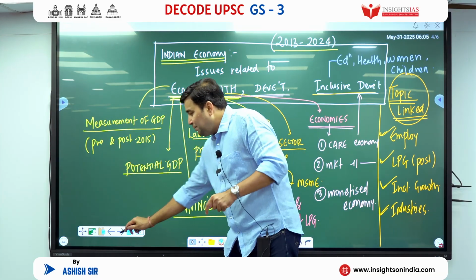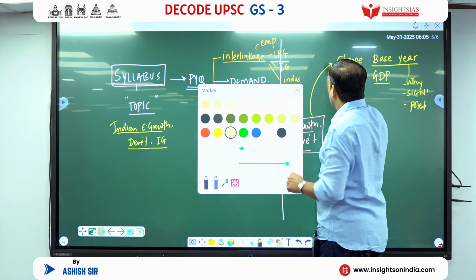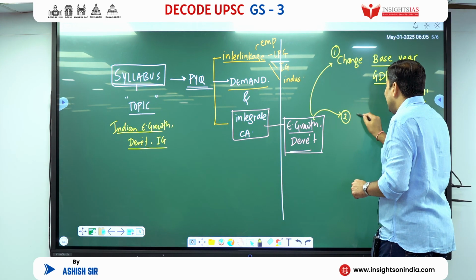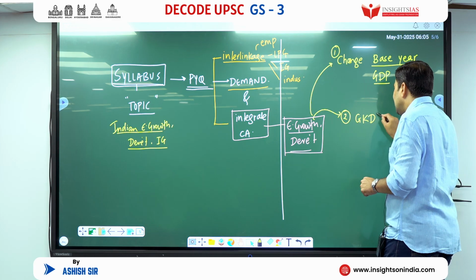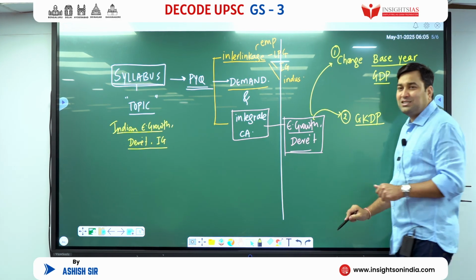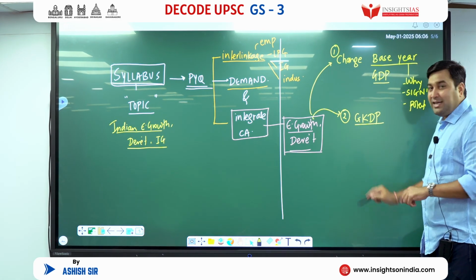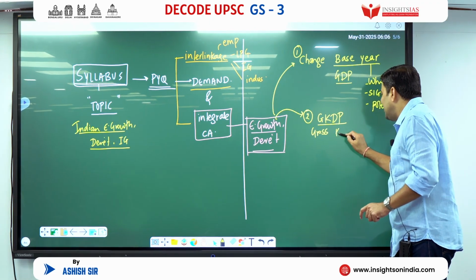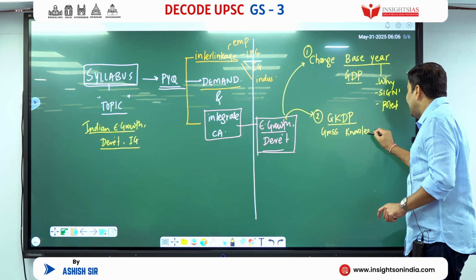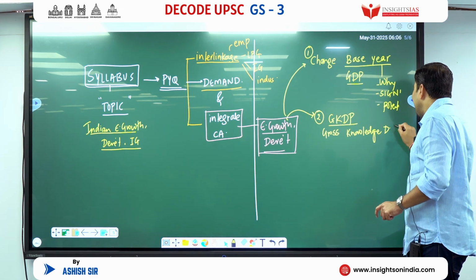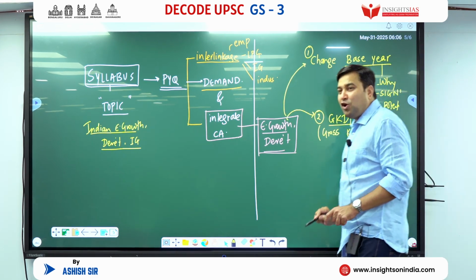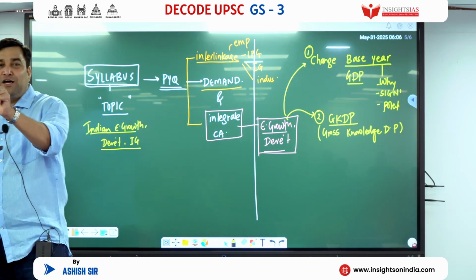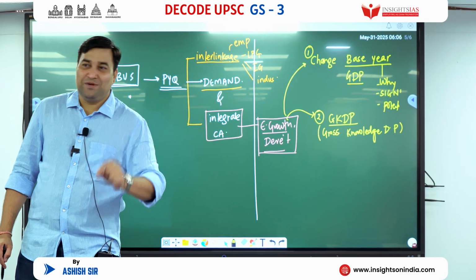In a similar concept, in recent times, another concept which is in the news is a new term called GKDP. Anyone, what is this? Government is emphasizing. Anyone? Explain the meaning of gross knowledge domestic product and the significance of it in the Indian economy.